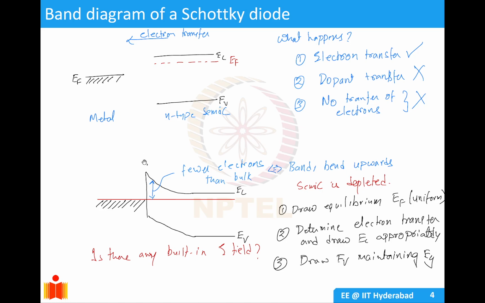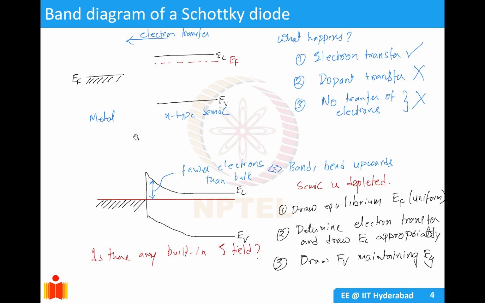So if you're moving EC and EV, your vacuum level also has to move, because your electron affinity cannot change. The distance between EC and vacuum level cannot change. Similarly, your work function cannot change. So the distance between your metal and vacuum level cannot change.